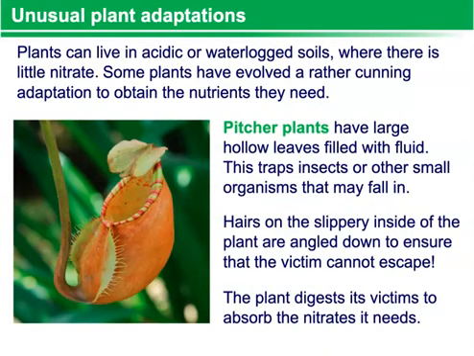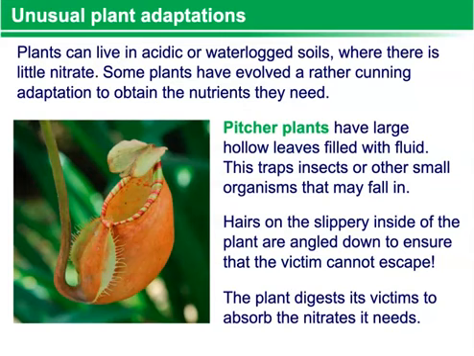There are also a number of unusual plant adaptations. Plants can live in acidic or waterlogged soils where there are very few nitrates. Some plants have evolved a rather cunning adaptation to obtain the nutrients they need. For example, pitcher plants have large hollow leaves filled with fluid.